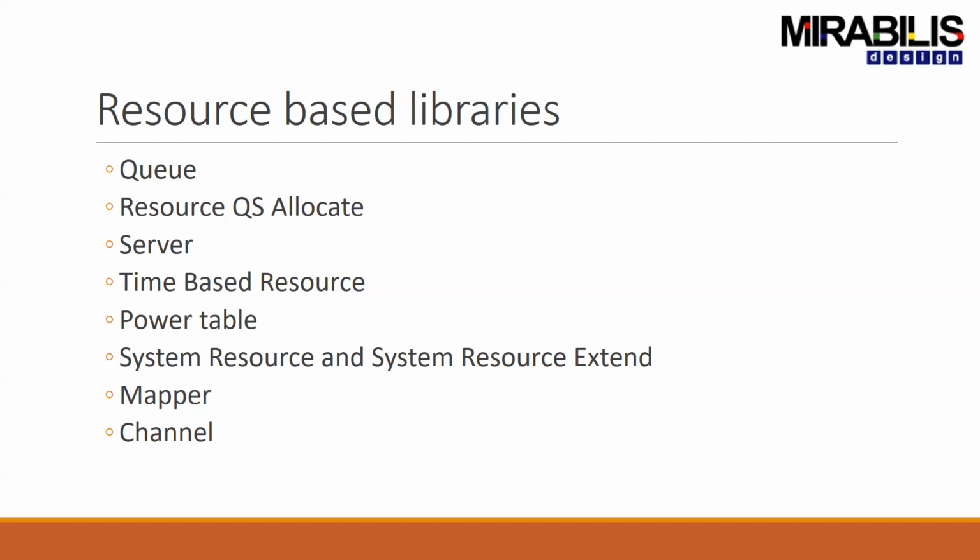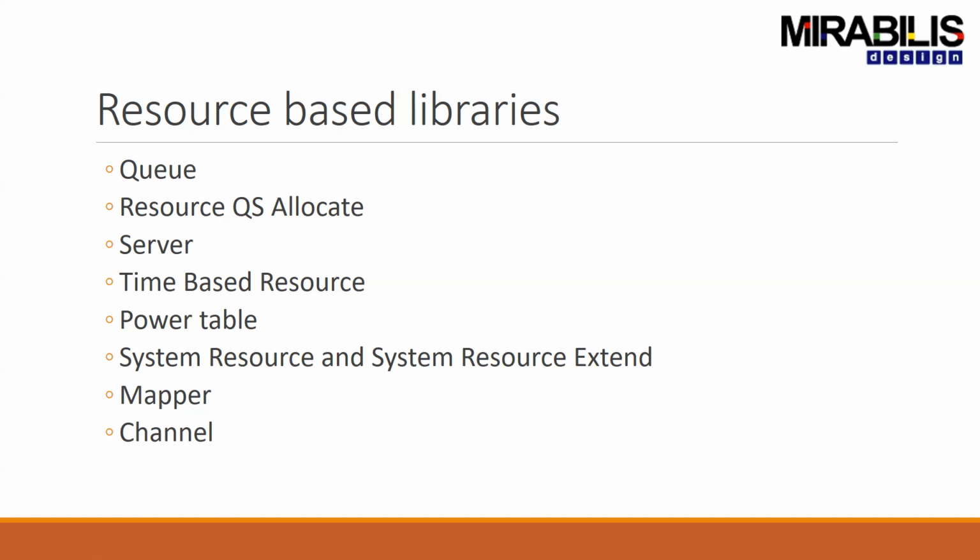We have algorithms for that, like first come first serve, and we have an option in the queue itself, whether it's first in first out or last in first out, and we can select which queue it has to go to. If the queue has reached the specific capacity, it will reject the packet. It will not be stored in the queue, and it will not be passed through the queue. So that is one of the resources in VisualSim.